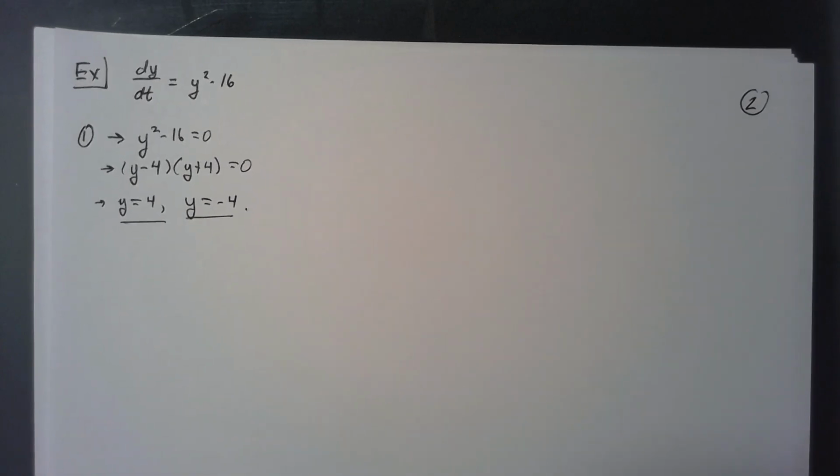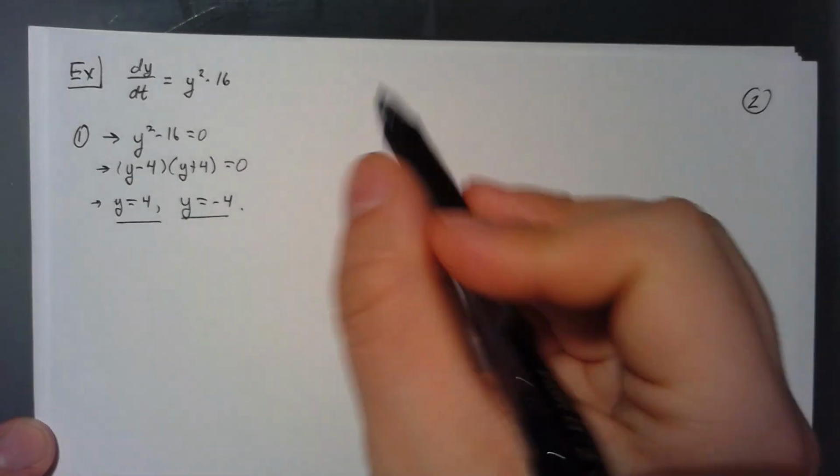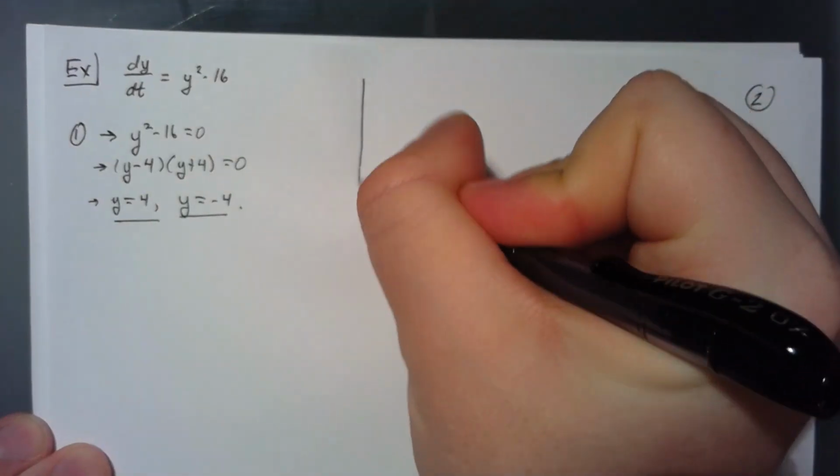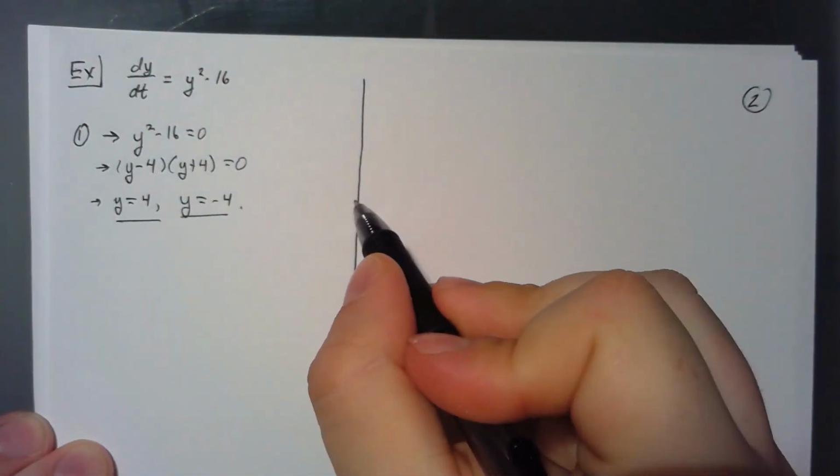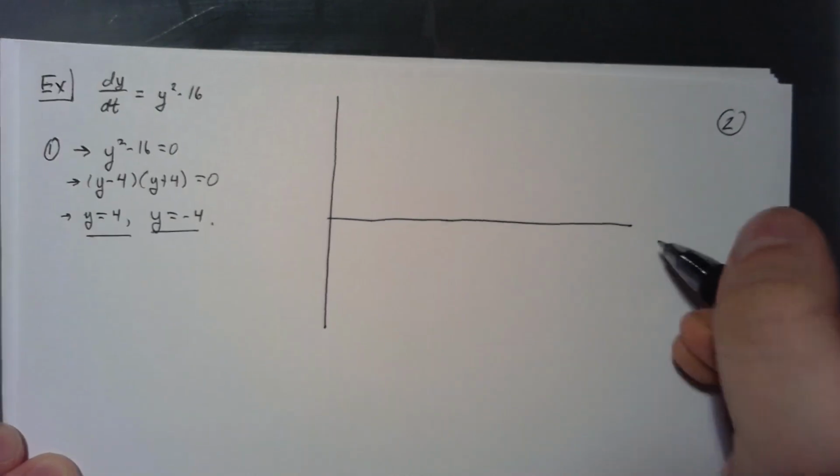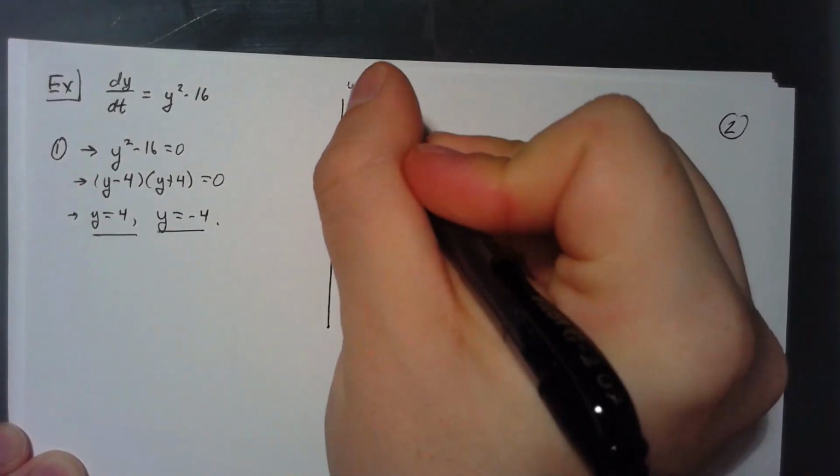So when I make my slope field, here's t, here's y.